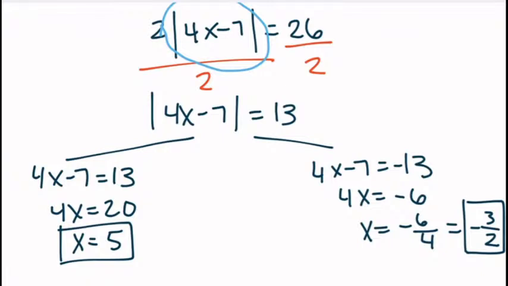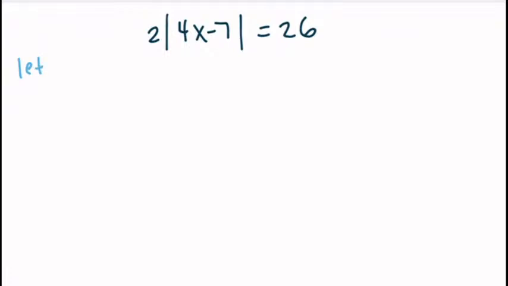Or even, you can just make it a variable. And if you're confused by what I mean by this, let's take the equation from the last problem that we just did. So 2 times absolute value of 4x minus 7 equals 26. And we're going to say on the side, let u equal absolute value of 4x minus 7.